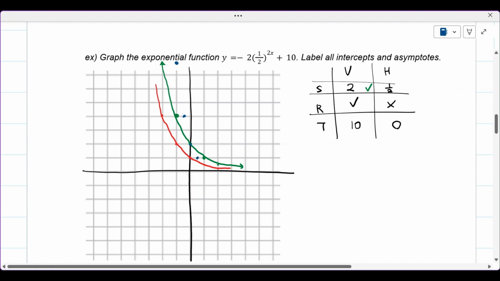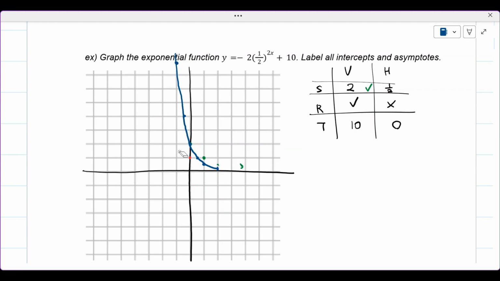And 2 becomes 1. So I think the graph will look something like this. I'll erase the ones that are in the previous graph. So the horizontal stretch is done.